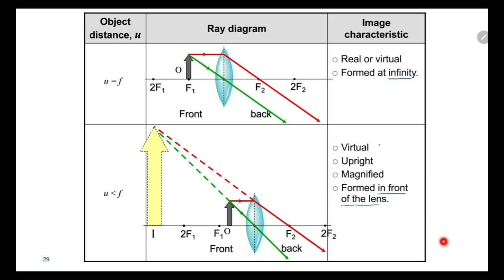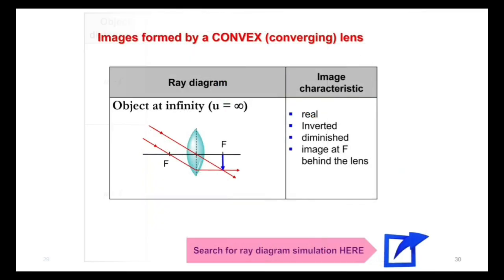Therefore, the image will be virtual, upright, and magnified. And the last one, if the object is at infinity or at a very long distance, the image will form at point F, and it is real, inverted, and diminished.